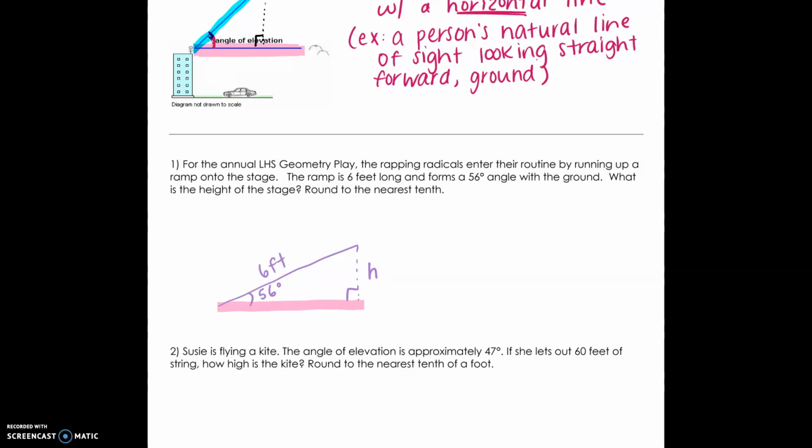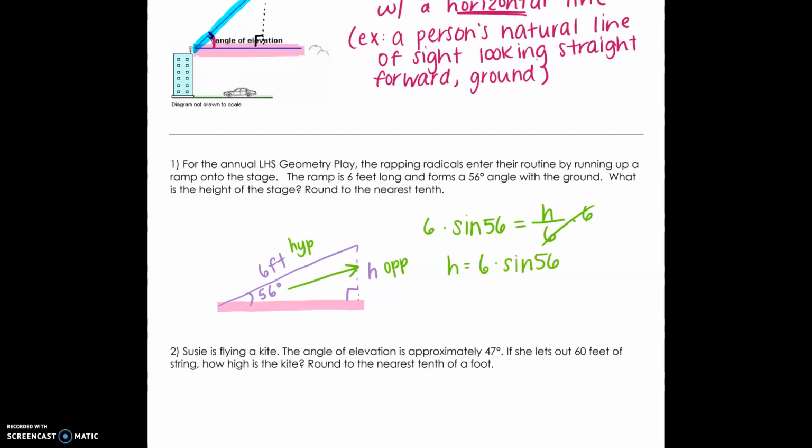So if we look at H, we know that H is opposite angle 56. 6 feet is the hypotenuse, so we're going to use sine here. We have sine of 56 equals H over 6. We're going to multiply by 6 on both sides, so H equals 6 times sine of 56.